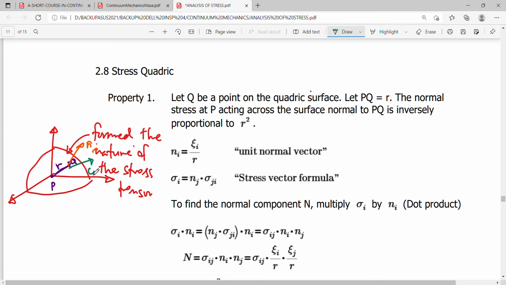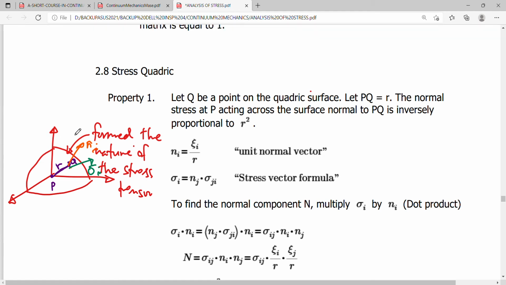So if this is your traction vector sigma i, and this is the unit normal vector ni, then we can come up with this property or theorem that states that the normal stress at P acting across the surface normal to PQ is inversely proportional to the square of the radius.